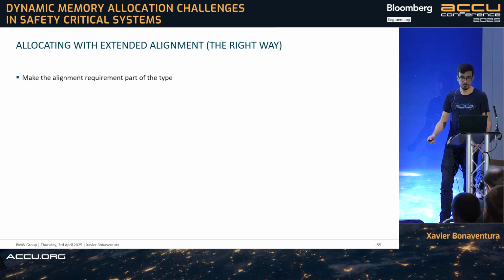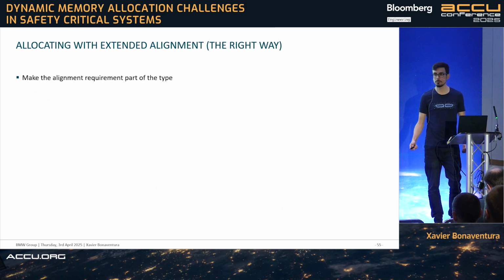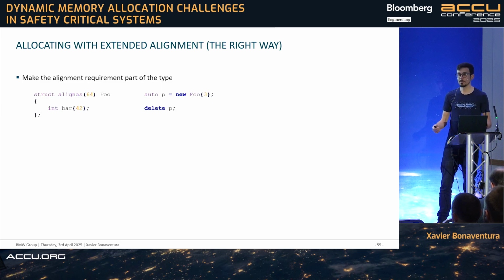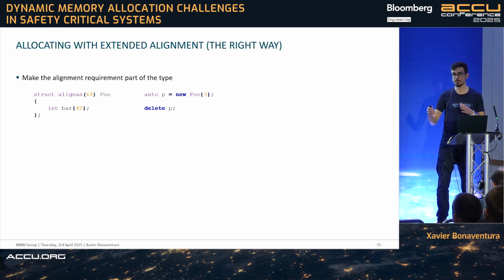How do we have to do it for alignment? That's not the right way, even though it feels like it works and GCC doesn't complain. The problem is that at the moment you delete, you don't have that information, unless it is part of the type. If you really want to allocate something with a special alignment, forget about adding the alignment request when you do the new.